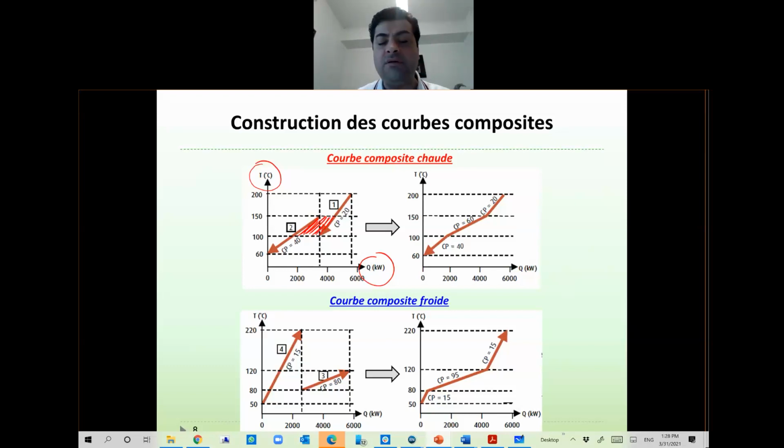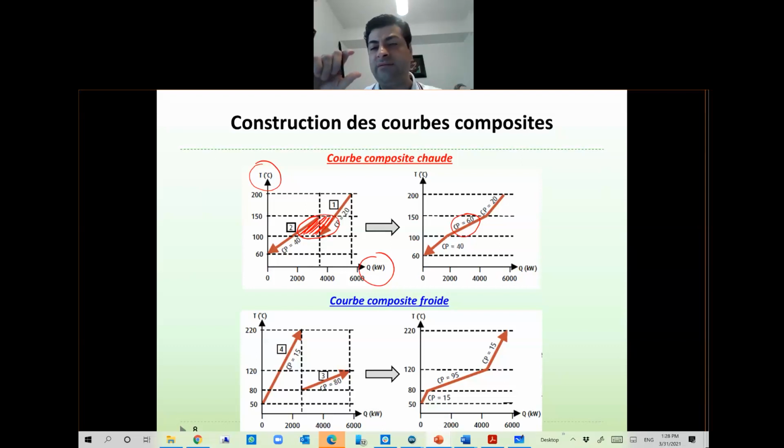Okay, so what you can do, you can combine them, so that this intermediate range can be represented by one stream with the total heat capacity of 60 as shown here, because stream number 1 has a CP of 20, stream number 2 has a CP of 40, so this intermediate stream should have a heat capacity of 60.